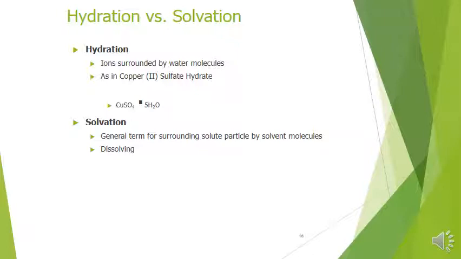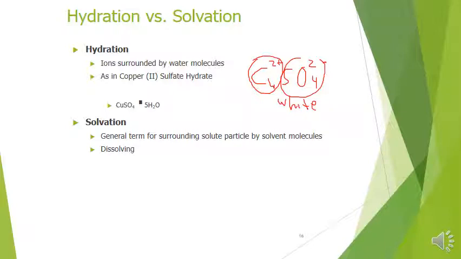So, if you have copper sulfate, it is an ionic compound. All right, it has a sulfate and a copper. It's a white crystalline substance.